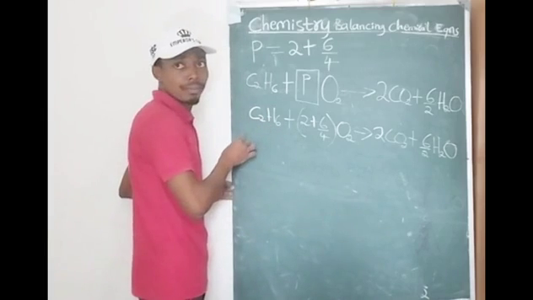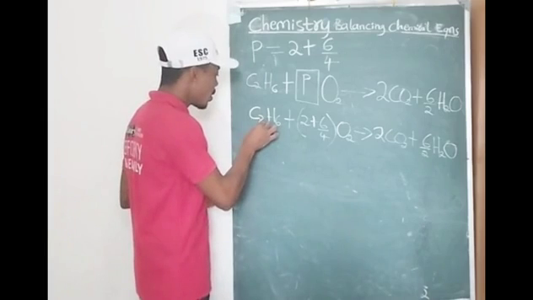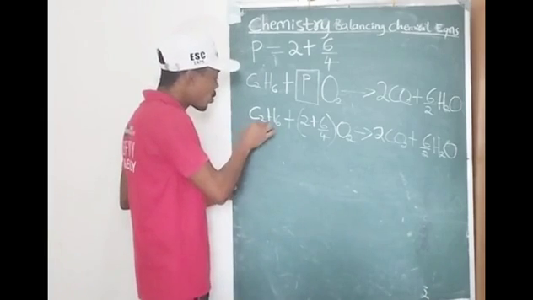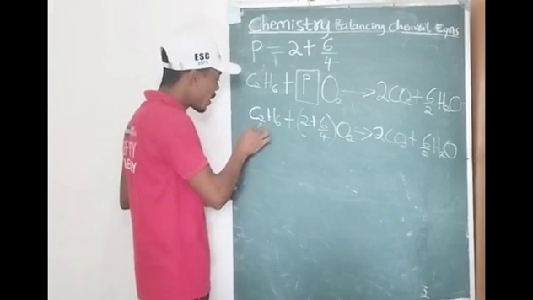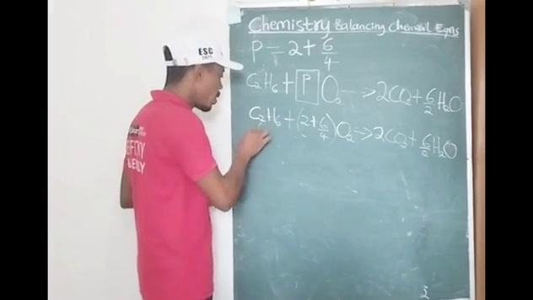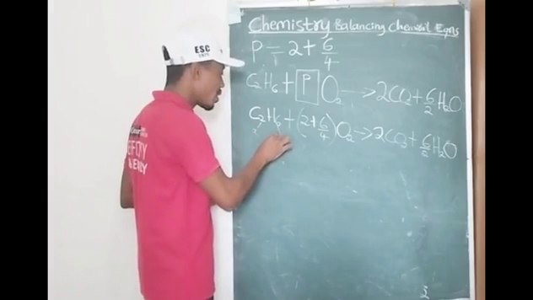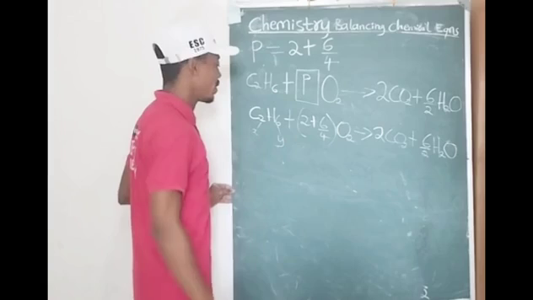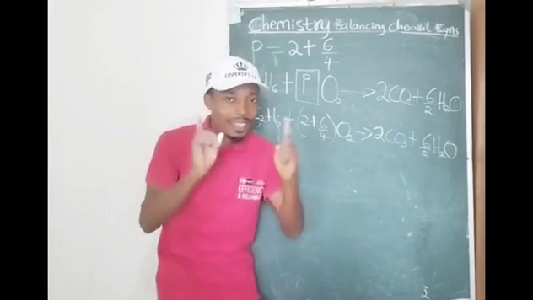What if the number of atoms of carbon was X, and the number of atoms of hydrogen was Y? Look at this critically.